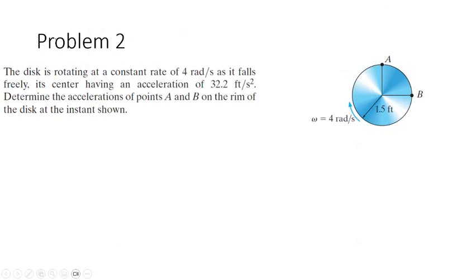We have a problem statement: the disk is rotating at a constant rate of 4 radians per second. That is, omega is 4 radians per second, and that is constant.